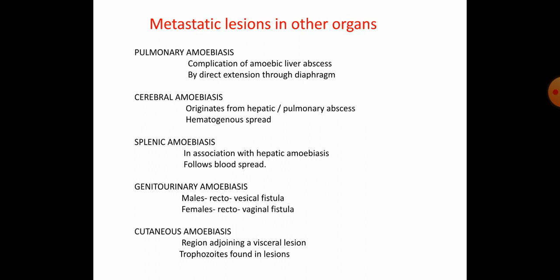Cutaneous amoebiasis is usually seen in the region adjoining the visceral layers. Sometimes it can also occur as a complication of amoebic liver abscess, in which case the condition is referred to as granuloma cutis or amoebiasis cutis.